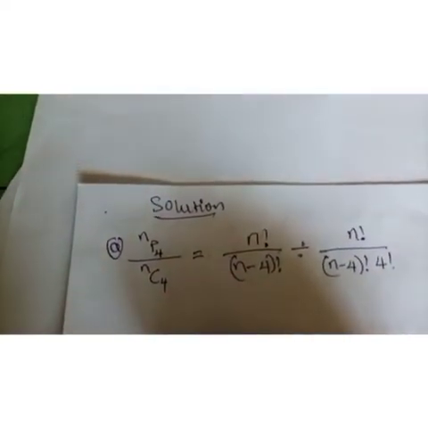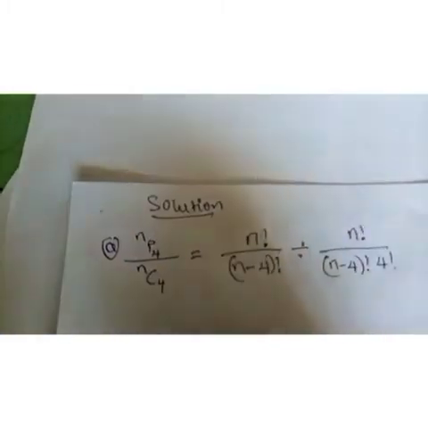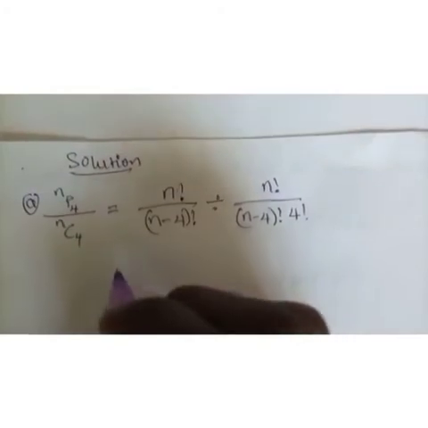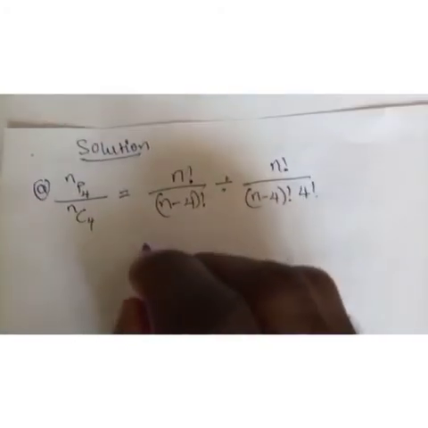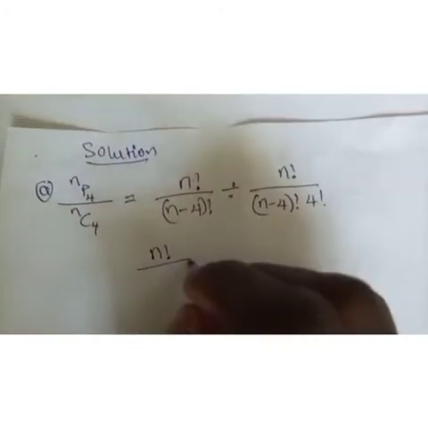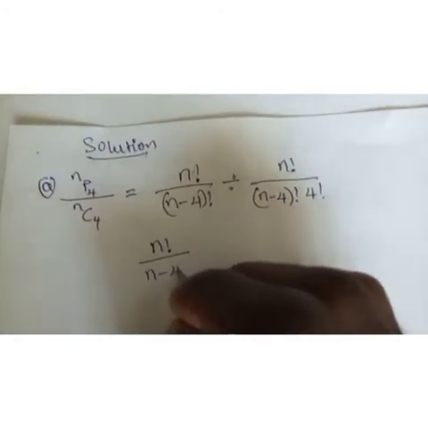Am I making sense? Okay, so from here we can move and say n factorial all over n minus 4 factorial.